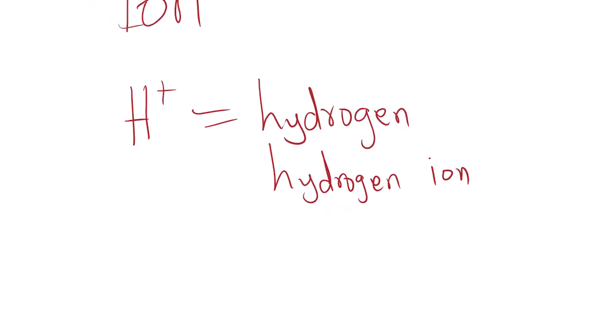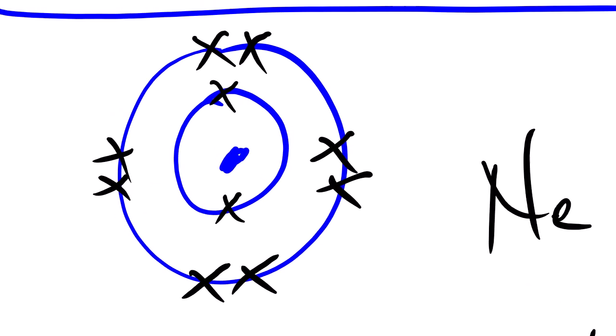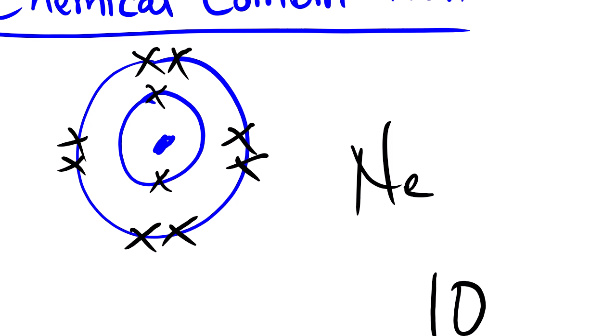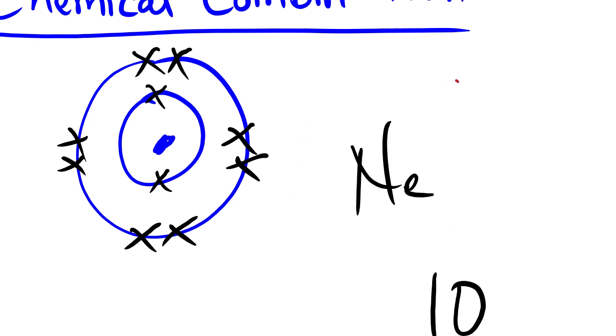So this ion can be +2, can be +1, depending on how many electrons are deficient, or how many electrons are in excess. So now you understand charges, and we also understand electronic configuration. So imagine this is neon. This neon is neutral.